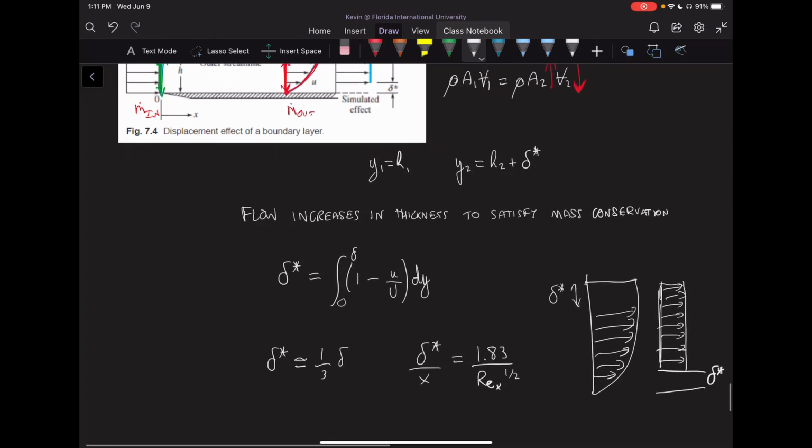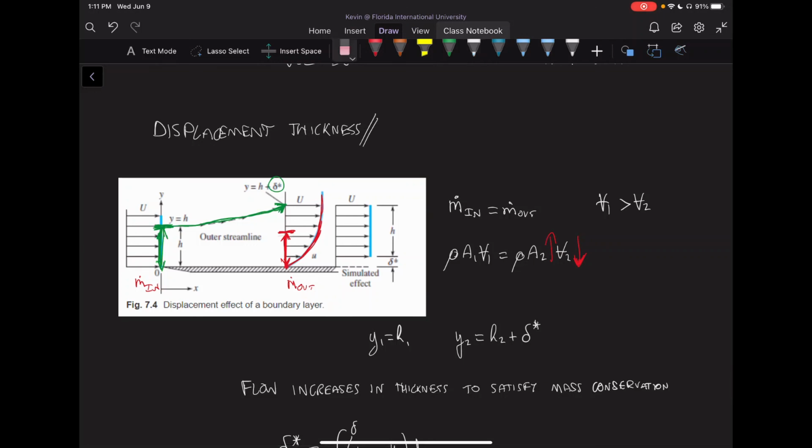So you can see it better drawn here, but essentially on this left side here, we have an equivalent simulated effect from the d star. So if we know our u and we know our d star, we can say that at our d star, the simulated effect has no velocity, and then everything was shifted up a little bit.